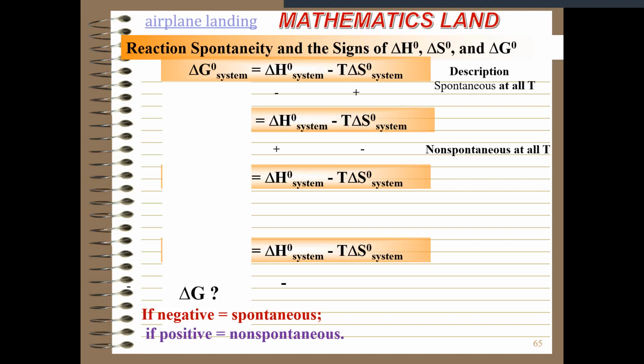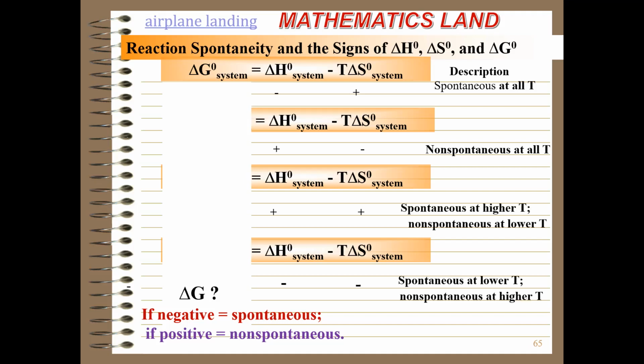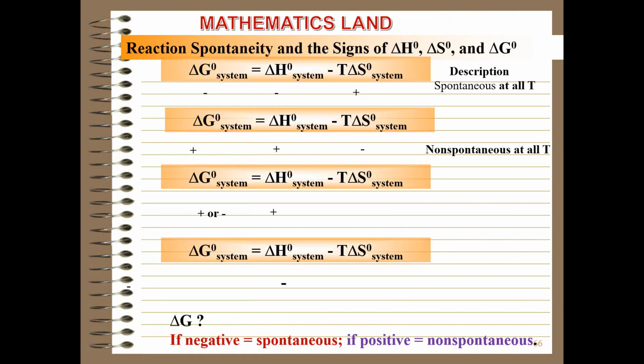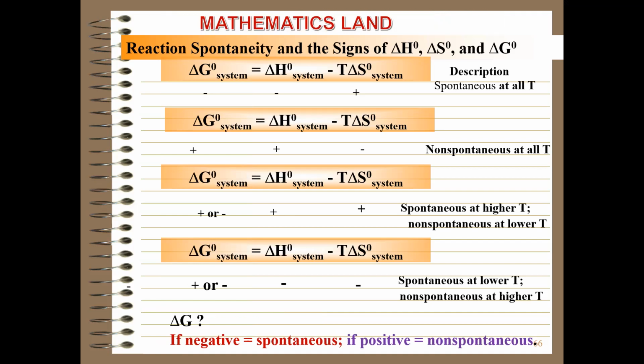And in the other two cases, which you can go through, it depends on which temperature will be bigger. And I went through the same thing on the next page just to show you. So you should be familiar and understand this page.